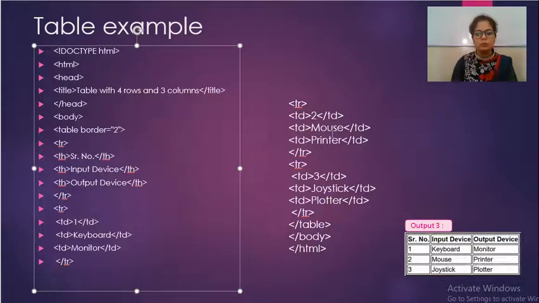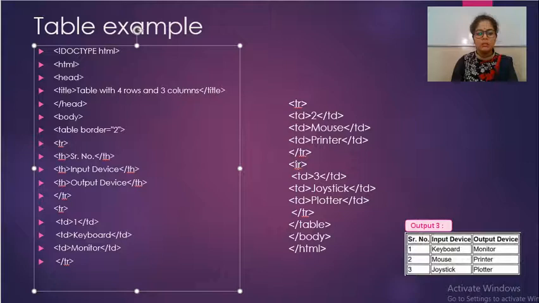Mouse is the content that you want to display, and then the end of the td tag. Now the third cell is td, printer, td close. This is the printer which is displayed in the third row. Now the end of the tr tag indicates the end of the third row.